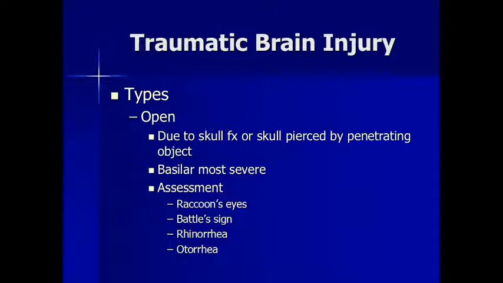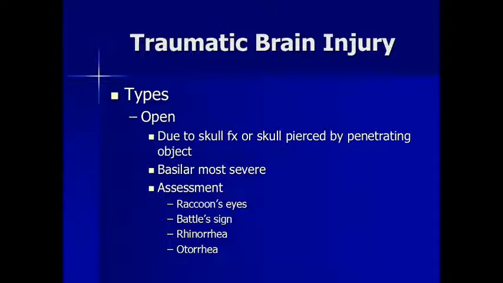If by chance it's bloody, we look for a halo sign, meaning that you take a little white 3x3 or 4x4, let the blood drop on the 4x4, and see if it's surrounded by a yellowish area. If it's surrounded by a yellowish area, we call this a halo. So this is a positive halo sign for a CSF leak. Generally, we see these due to fractures in the anterior fossa.